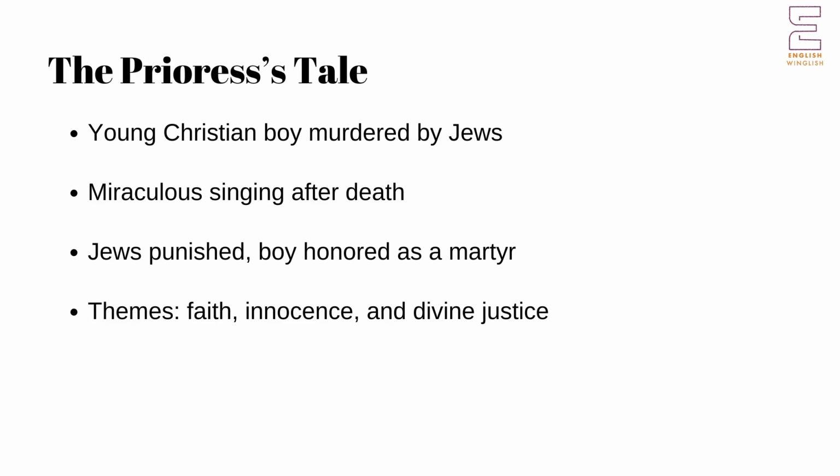The Jews are punished and the boy is honored as a martyr. The tale reflects the deep-seated anti-Semitism of the medieval period, and its themes revolve around faith, innocence, and divine justice. The prioress's narrative underscores her devout religious beliefs and the miraculous power of faith.